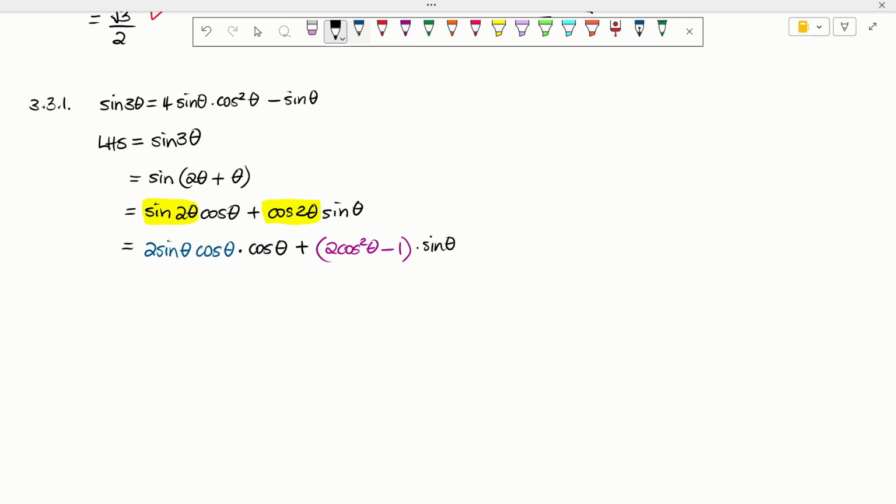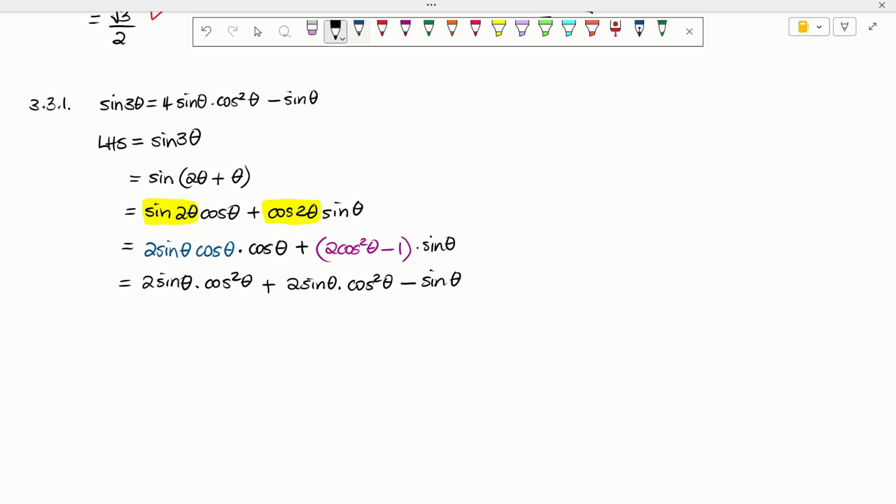Then now I can solve. This is equal to 2 sine theta, cos theta multiplied by cos theta is cos squared theta, plus 2 cos theta multiplied by sine theta, that becomes 2 sine theta multiplied by cos squared theta, and then minus 1 multiplied by sine theta becomes minus sine theta.